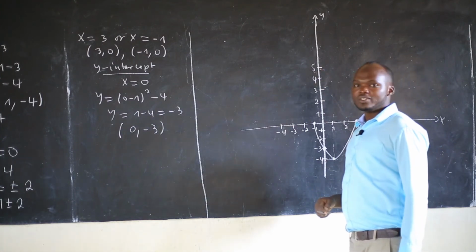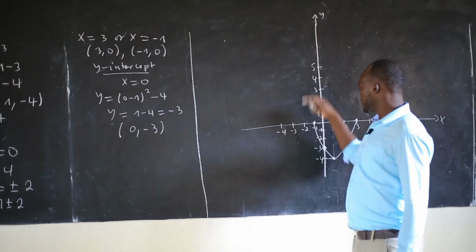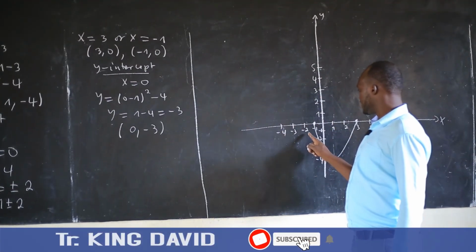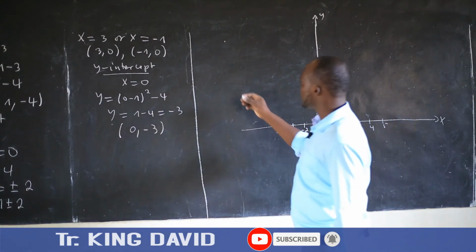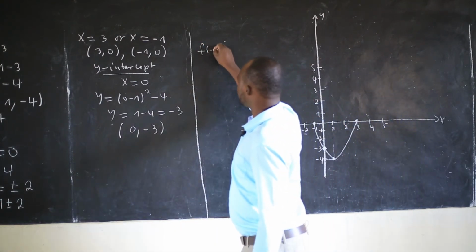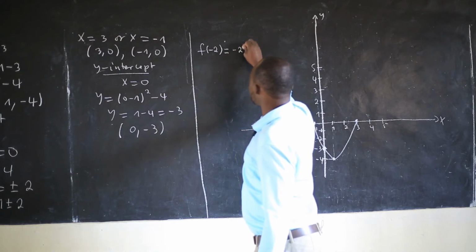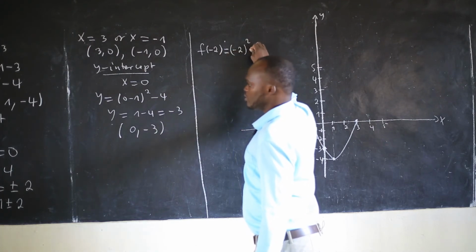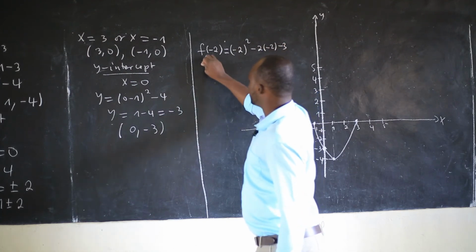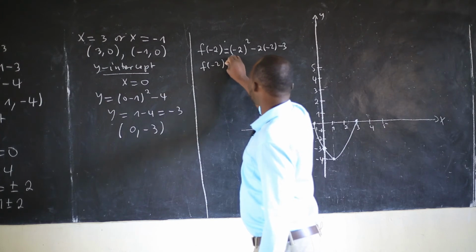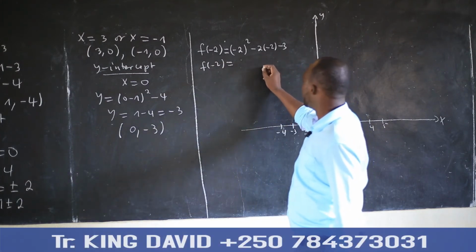So we're going to find which value can give us 5. Let's check, like, negative 2. What is f of negative 2? f of negative 2 is negative 2 squared minus 2 times negative 2 minus 3. So f of negative 2 is 4 plus 4, 8. 8 minus 3 is 5.